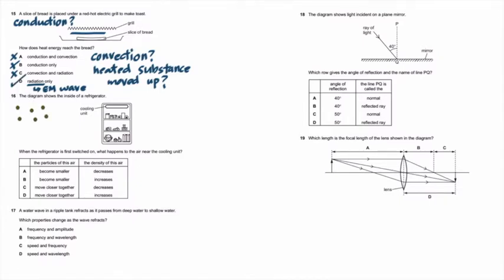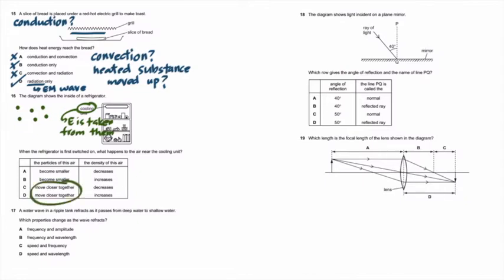Now for this question, we need to know what happens to the air particles close to the cooling unit. Cooling means energy is taken out of a substance, and in doing so, particles move closer to each other, opposite to moving away from each other when the substance is heated during expansion. We have two possible options here that can be an answer to the question.